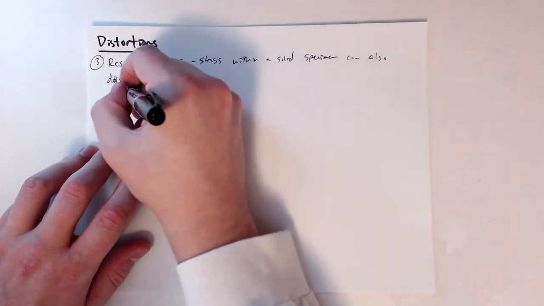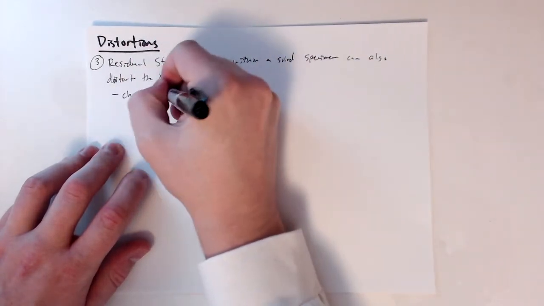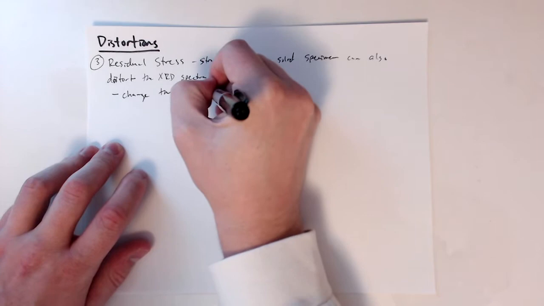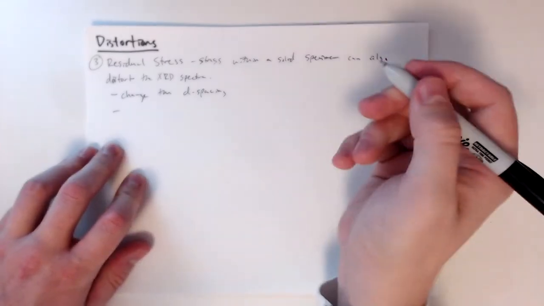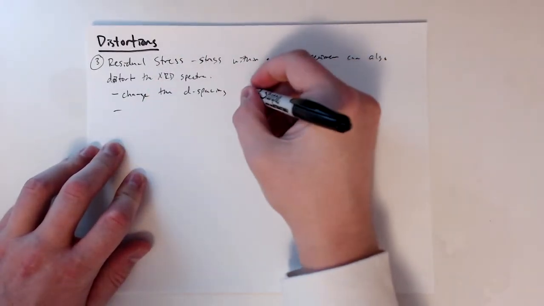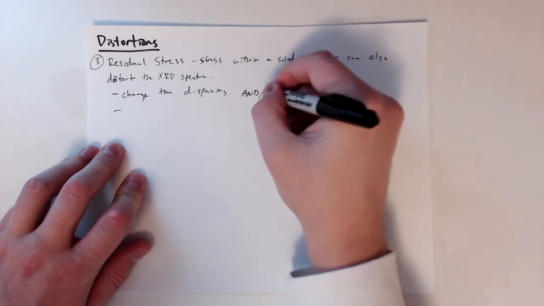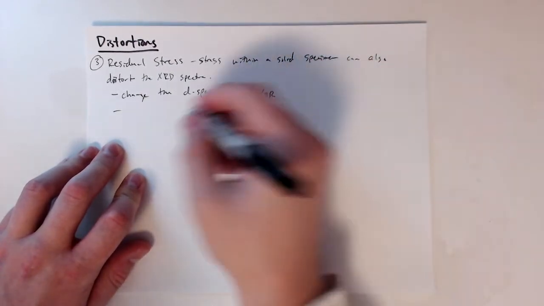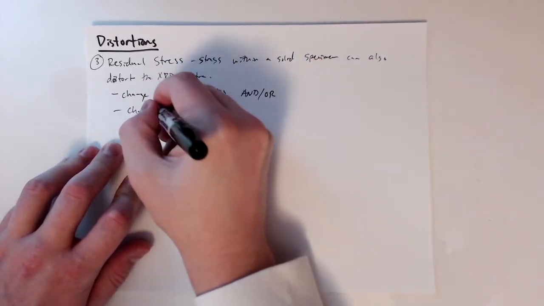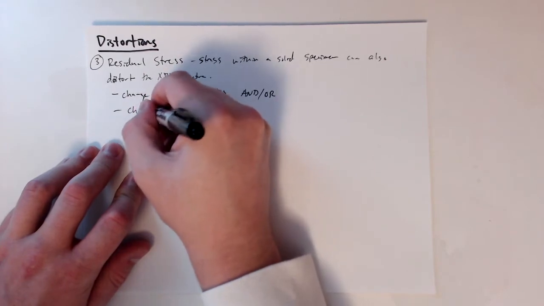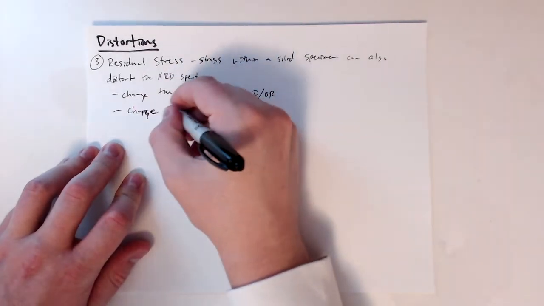So it can either change the D-spacing, or... so both of them are possible. It can change the peak.